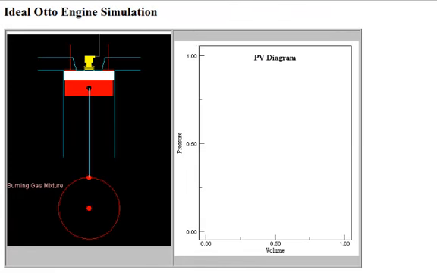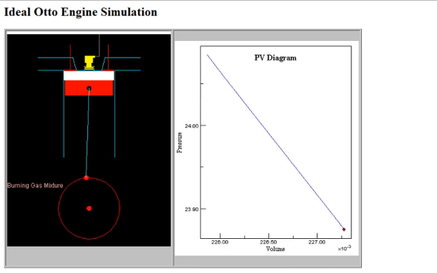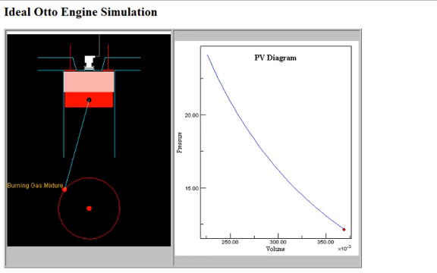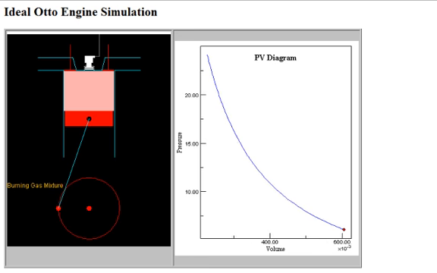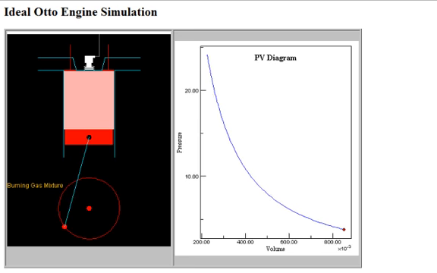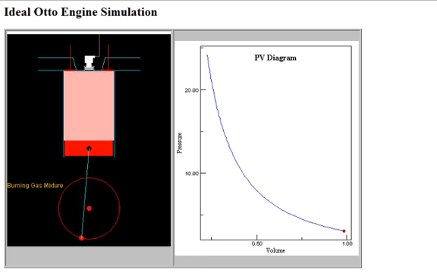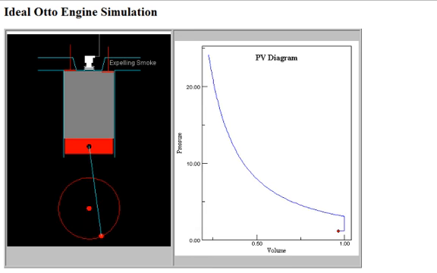What I have here is an idealized Otto engine. Otto is the name of the German fellow who described this cycle for an internal combustion engine. I'm going to let this animation play, and as it does, I'll describe what's going on. You have a piston which is connected to a crankshaft. The crankshaft is the circle that's down at the bottom.